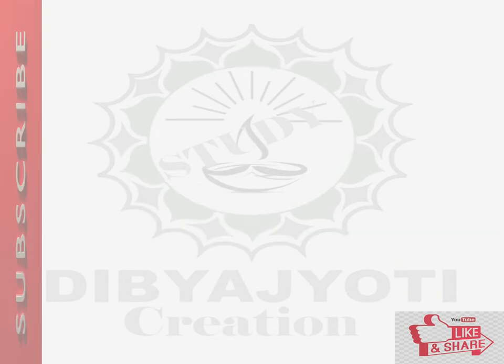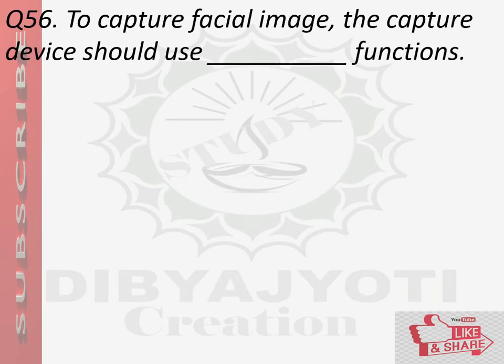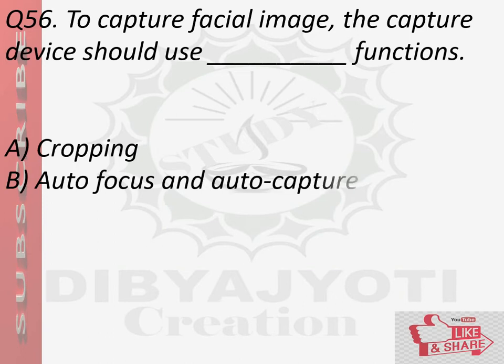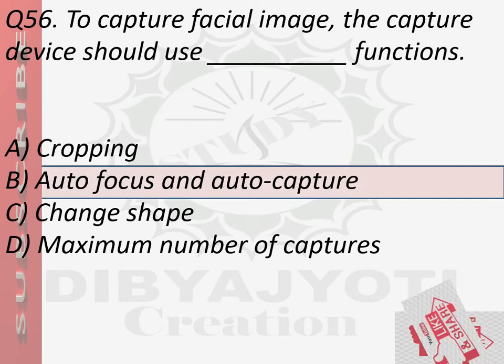Then to capture facial image, the capture device should use dash function. Options are option A, cropping, option B, autofocus and auto capture, option C, change shape, option D, maximum number of captures, and answer is option B, autofocus and auto capture.